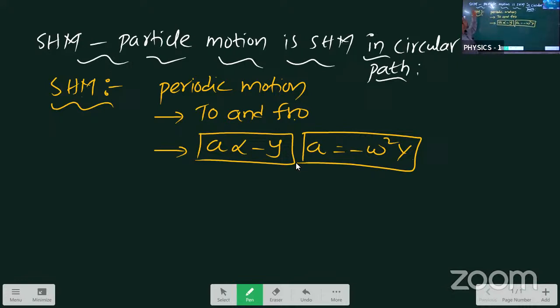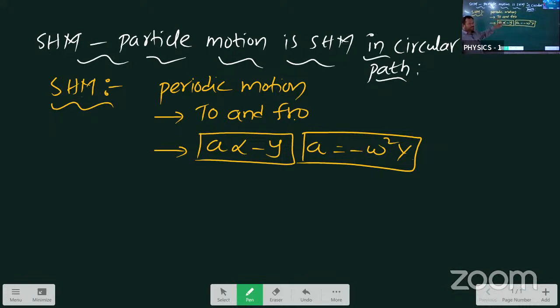So, the question they're asking: define SHM, simple harmonic motion, with a particle moving in a circular path with respect to its diameter. The motion of the particle is SHM. SHM definition: periodic motion with two conditions, to and fro motion, and acceleration directly proportional to displacement with opposite direction.